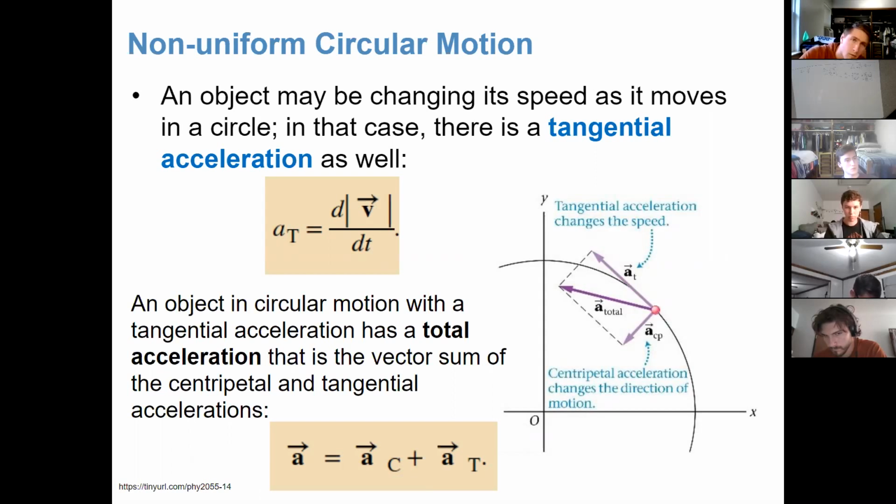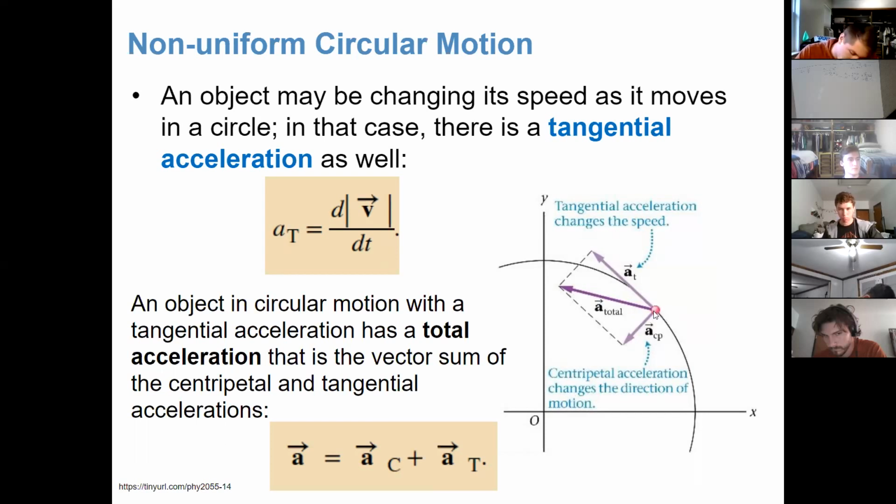So then you'll have two components of this acceleration. One component is changing its direction, and the other component is changing its speed. The component pointing towards the center is the centripetal acceleration. The other component is perpendicular to it, in the tangential direction, and that changes the speed.